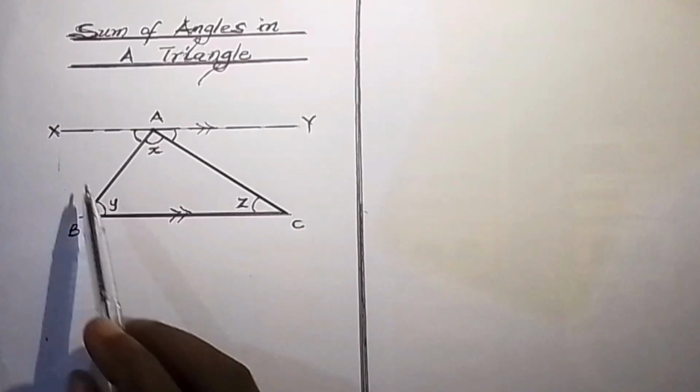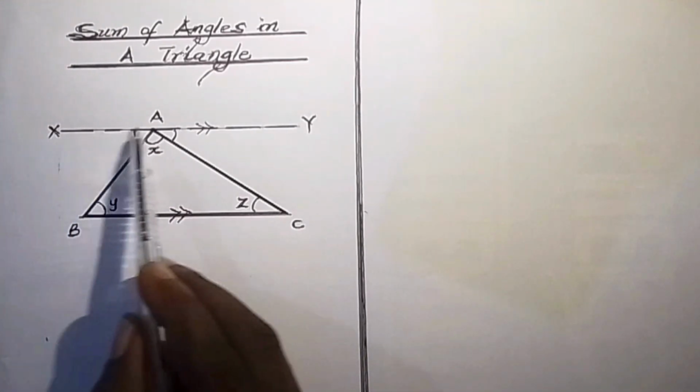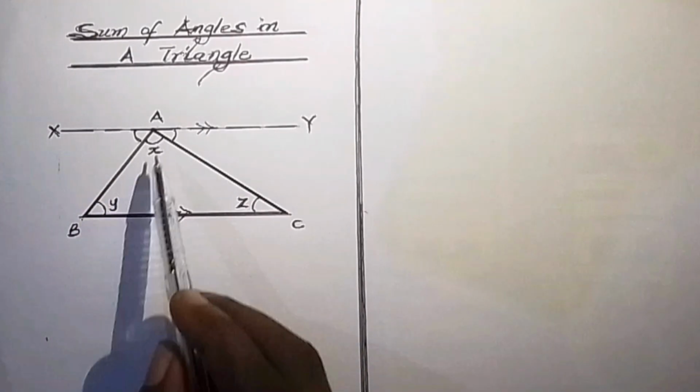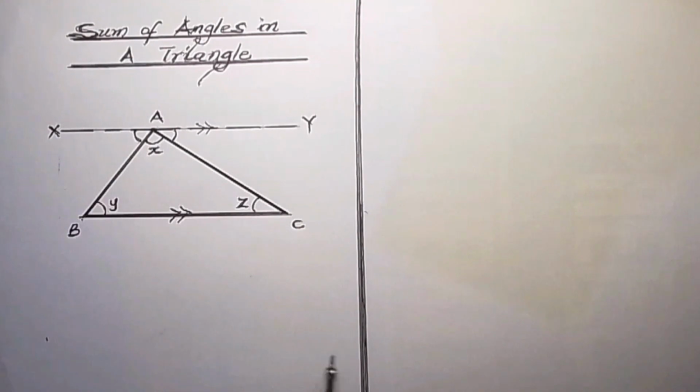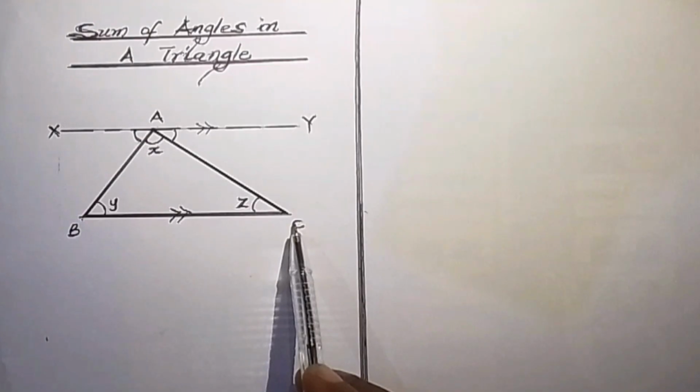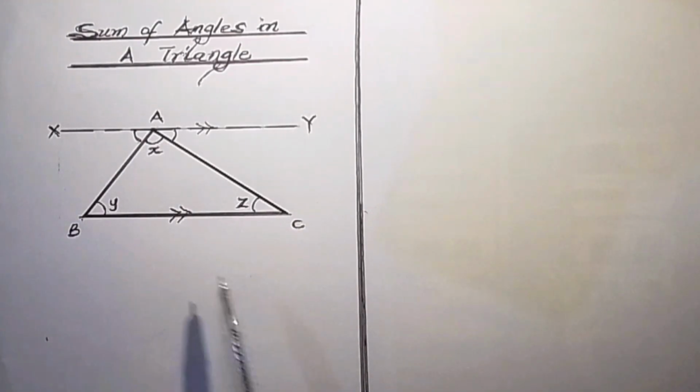That is, angle XAB and angle ABC are alternate angles. Also, angle YAC and angle ACB are alternate angles.